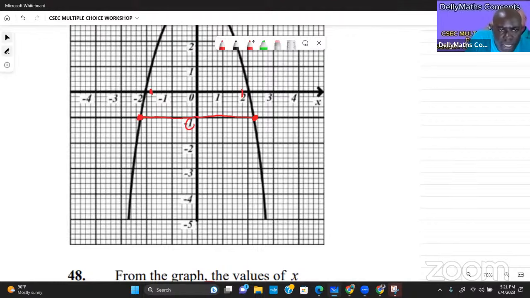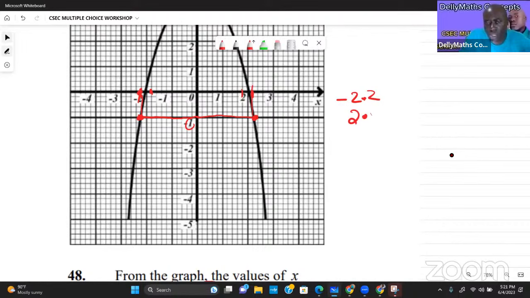So let's take this up. One touches it there, so that is -2.2. And this one touches it right here. When you get this value, you take it up, you see those values out there. So -2.2, and the other one is 2.2.